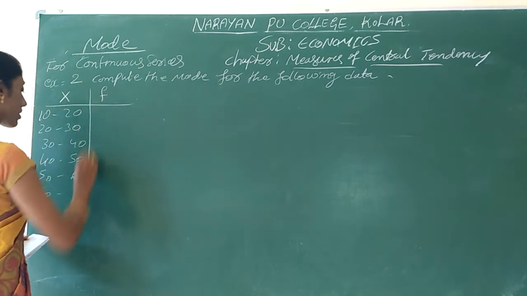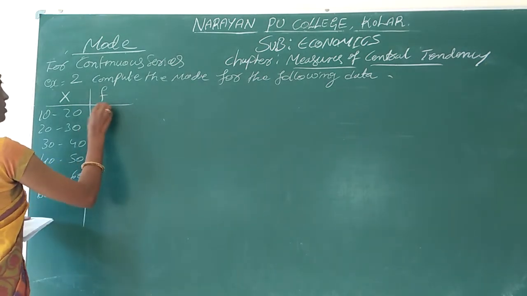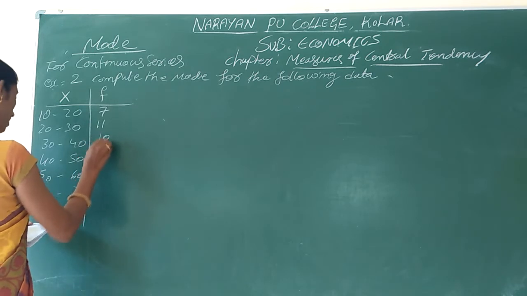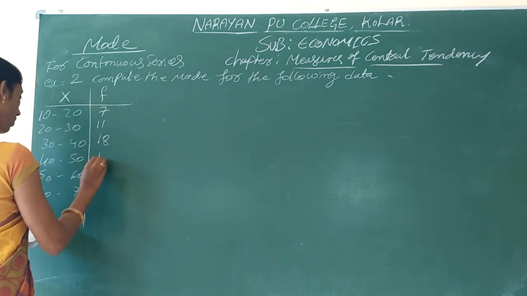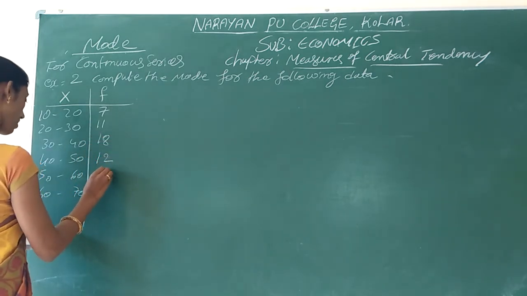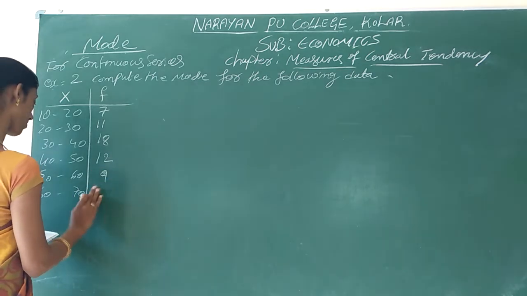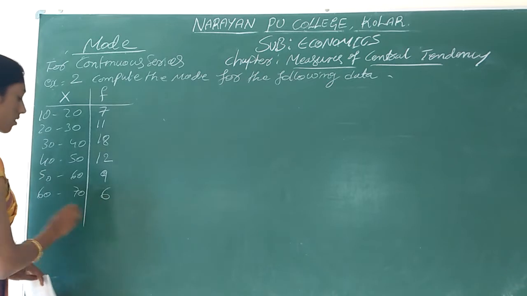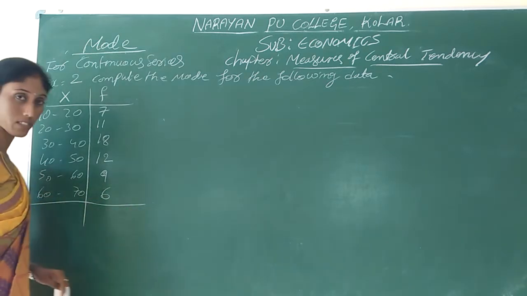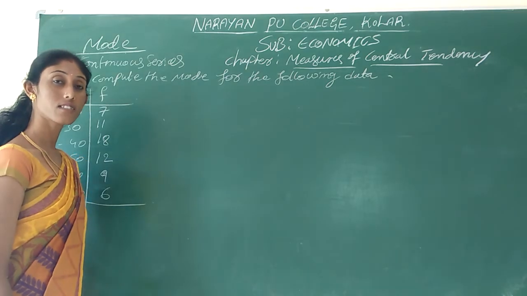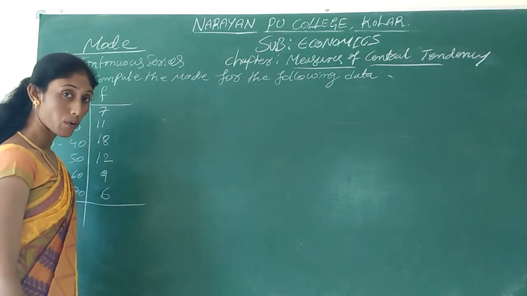Then the frequencies are 7, 11, 18, 12, 9, 6. These are the frequencies. We already discussed this in the previous class.